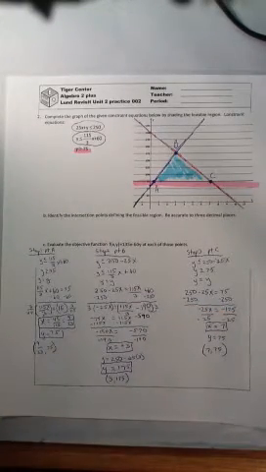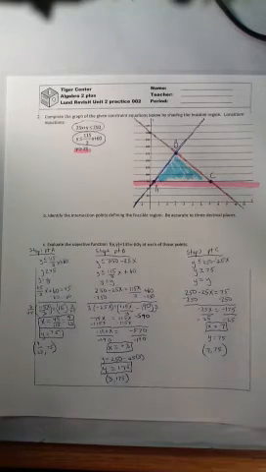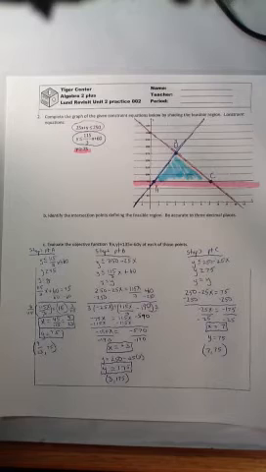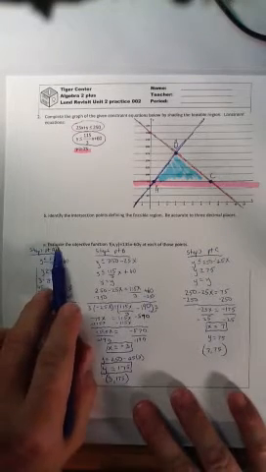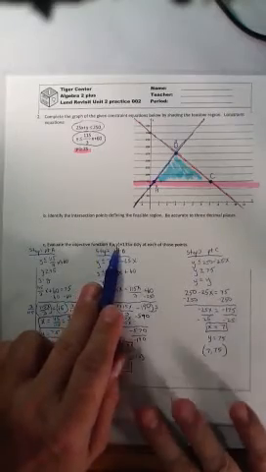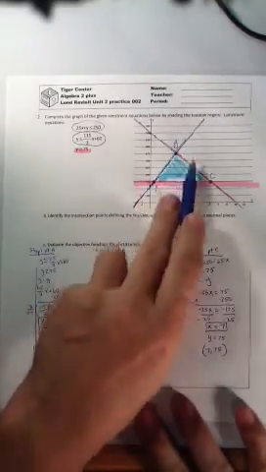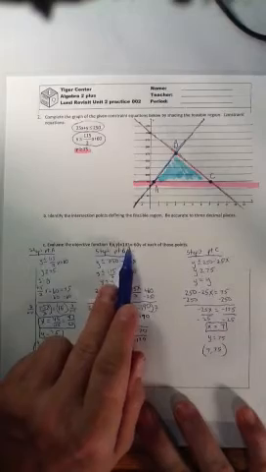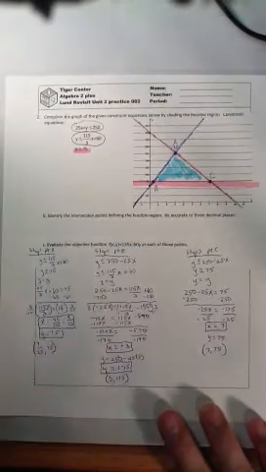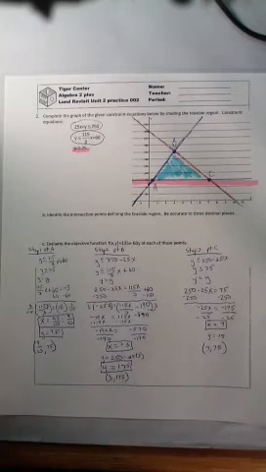And now we're ready to head on to the final part of this problem, where in part C it says evaluate the objective function f of x, y, for each of these points, A, B, and C, equal to 135x minus 60y. We'll find an actual value for each one of those.